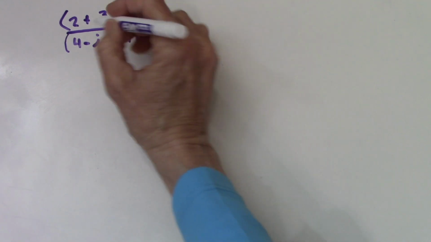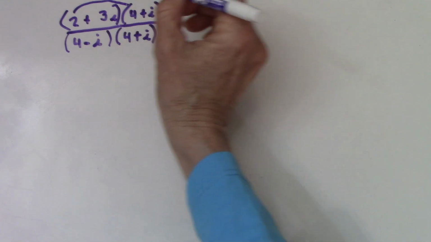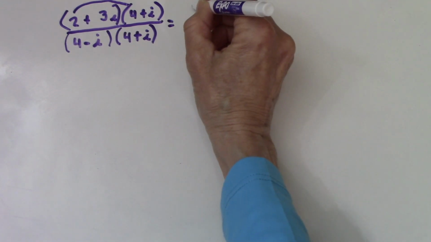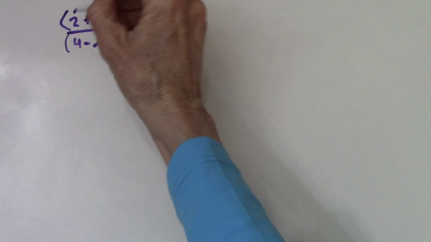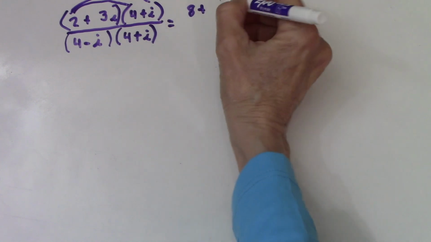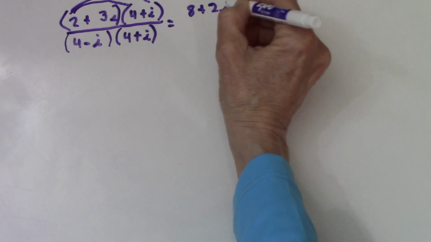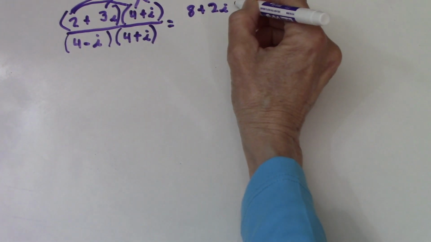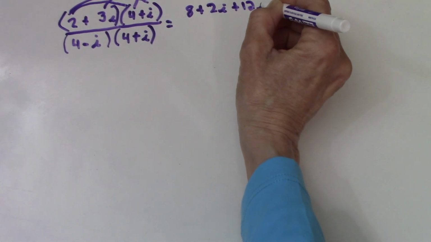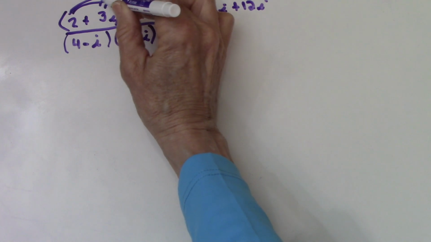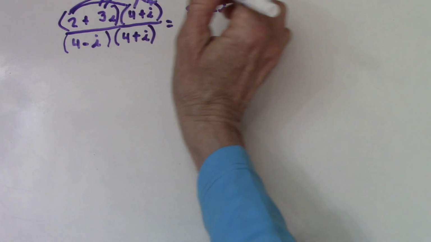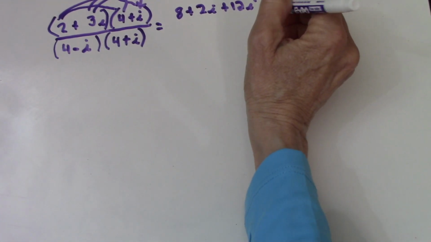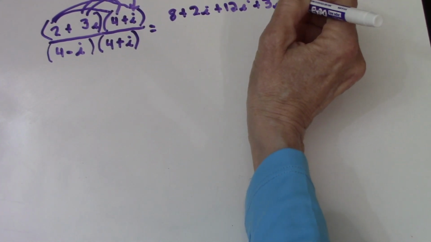And then we distribute, so we have 2 times 4. So that's going to give us 8. And 2 times i is 2i. 3i times 4 is 12i. And 3i times i gives us 3i squared.